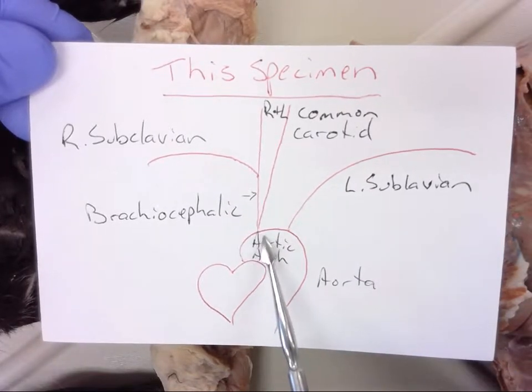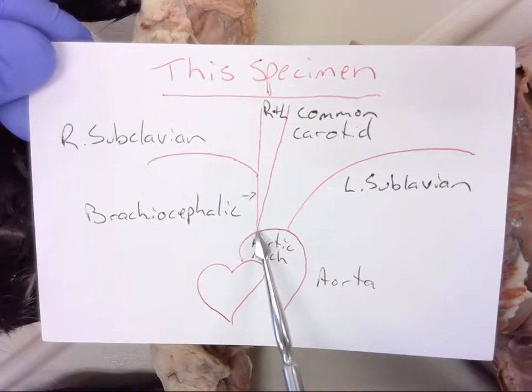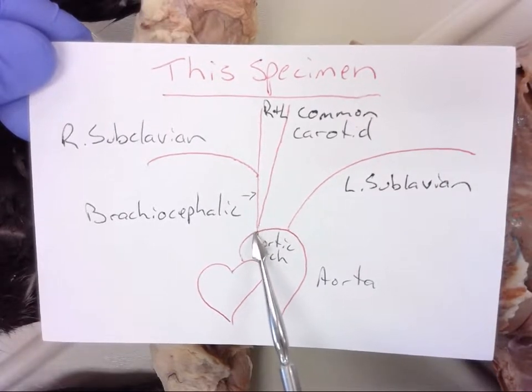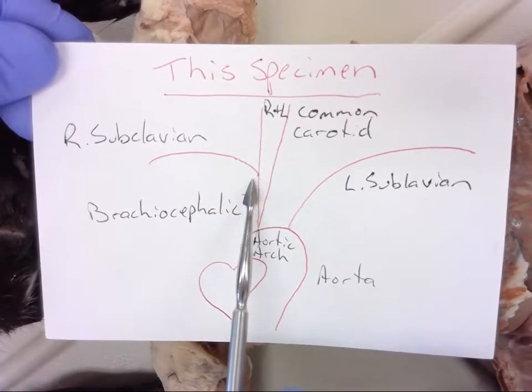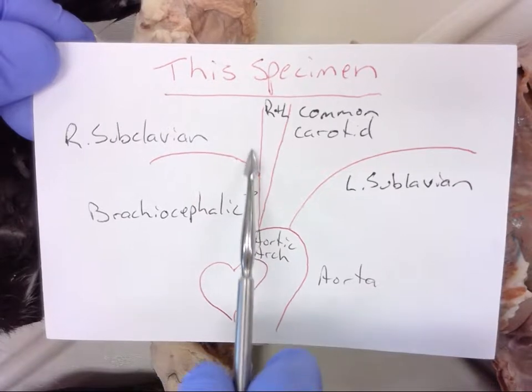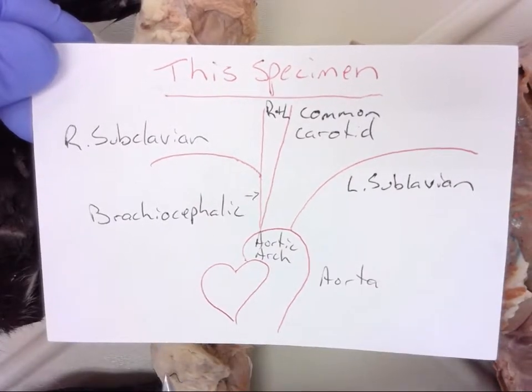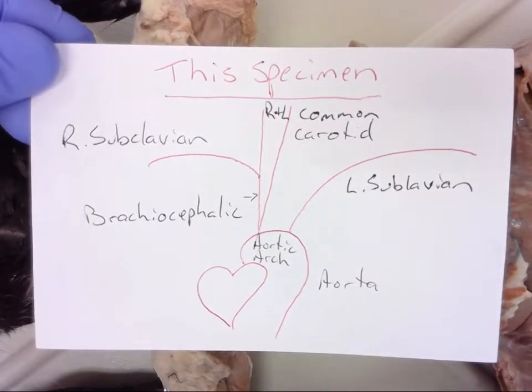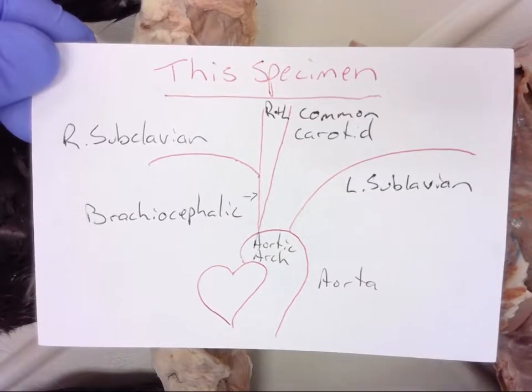It almost is its own branch, but it does come off of the brachiocephalic right at the base where it separates from the aortic arch. And then a little bit higher up, you're going to see the right subclavian and right common carotid. So just thought I'd make note that that is a variation in this specimen from what you normally see.